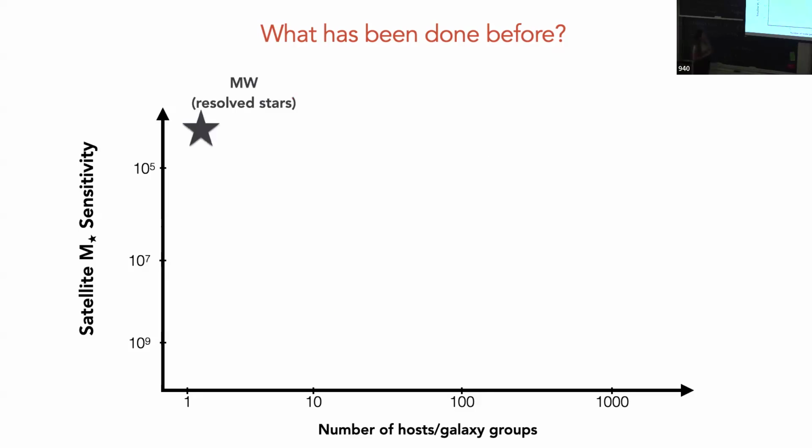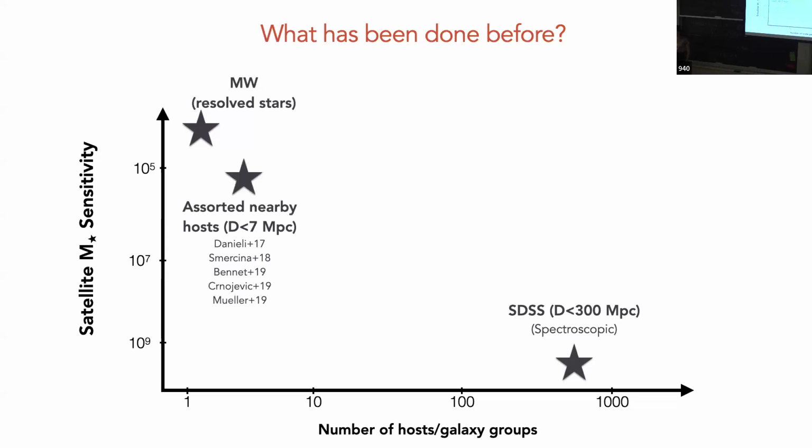So in the Milky Way, we have one galaxy, and we can go now even lower, maybe not in a complete way, but we can really get to these ultra-faint dwarfs. And then with something like SDSS, which is a spectroscopic survey, we can have many of them, but we're only sensitive to LMC type of satellites.